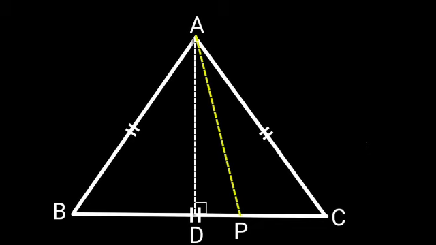that is BD is equal to CD, because D is a midpoint of BC, and in an equilateral triangle, each and every side is equal.